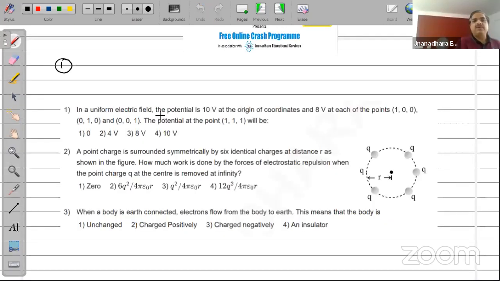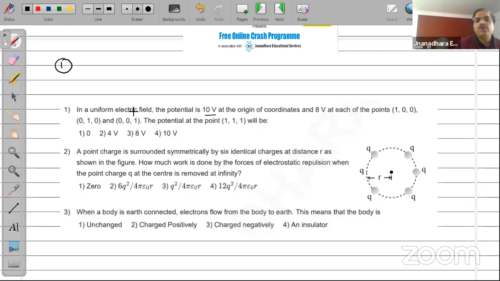In a uniform electric field, the potential is 10 volts at the origin of coordinates and 8 volts at each of the points (1,0,0), (0,1,0), (0,0,1). The potential at point (1,1,1) will be, a very nice question. Okay.